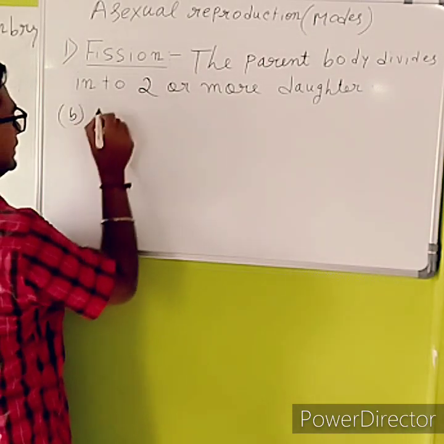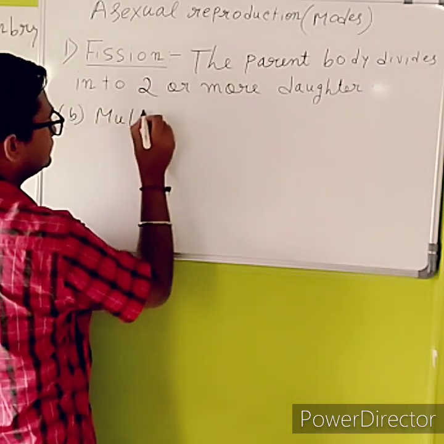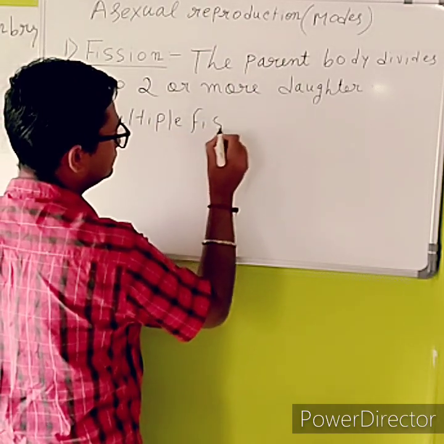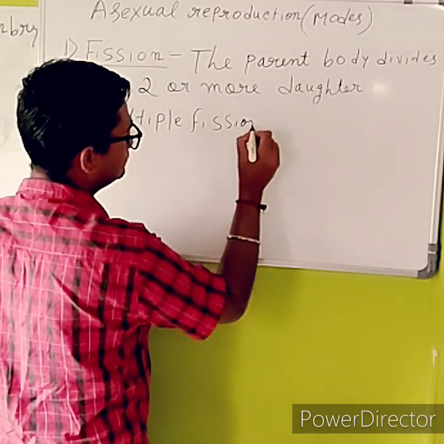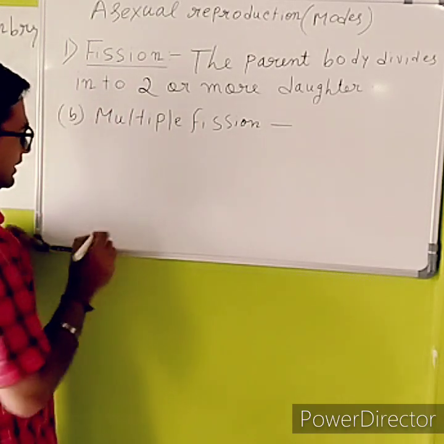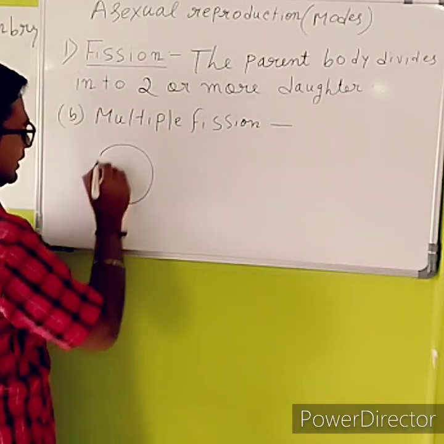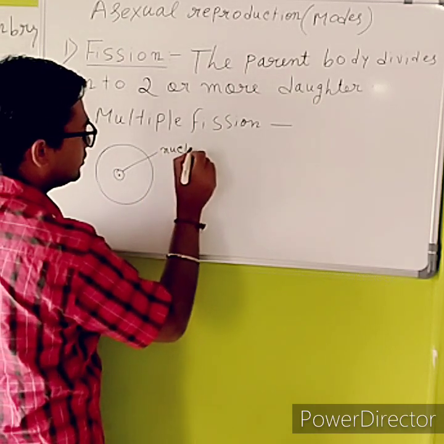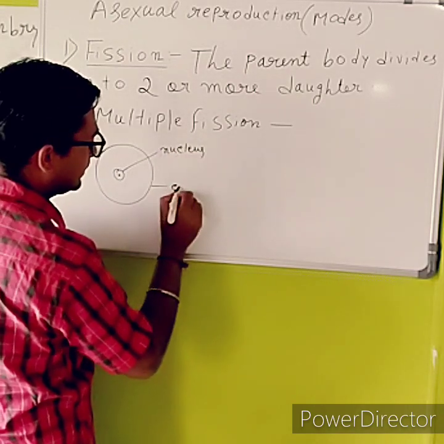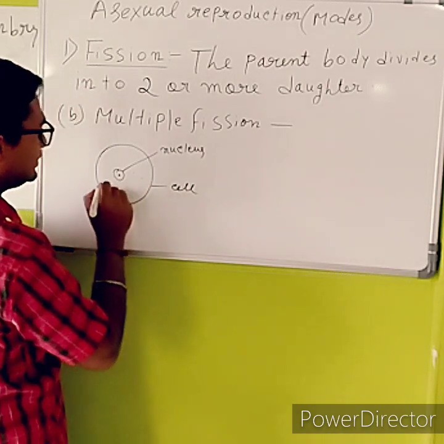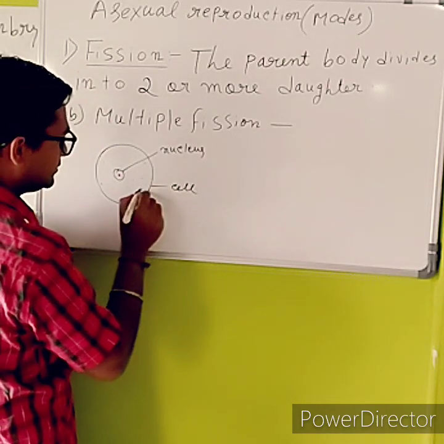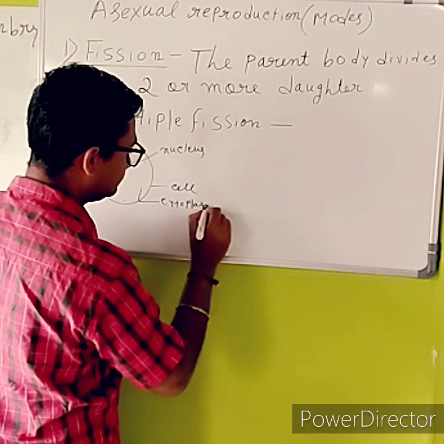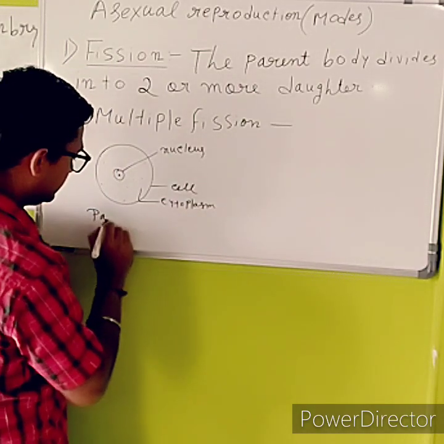The second type of fission is called multiple fission. During multiple fission, this is the parent cell, this is the nucleus of the cell, and these are the cytoplasm of the cell, preparing for multiple fission.